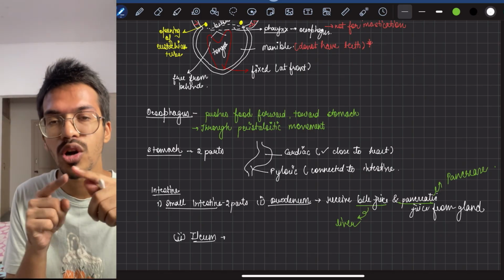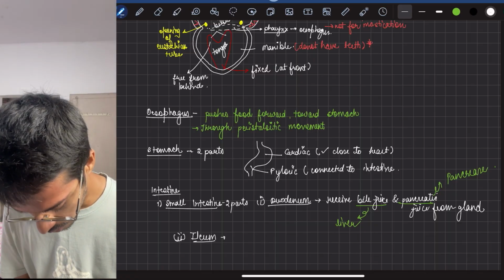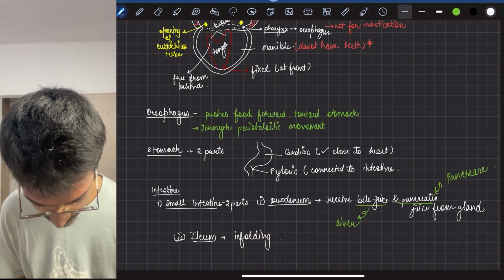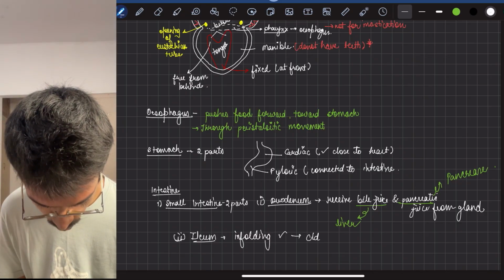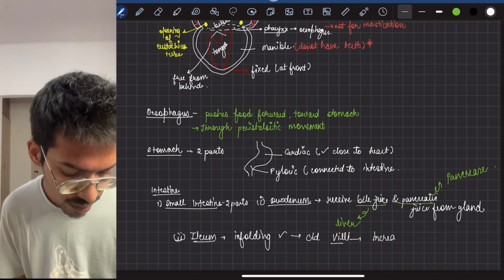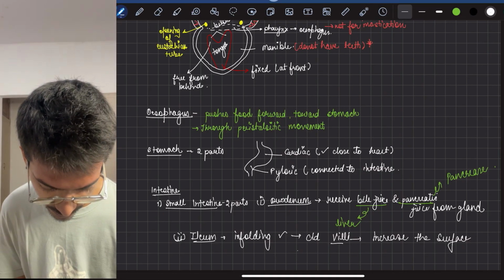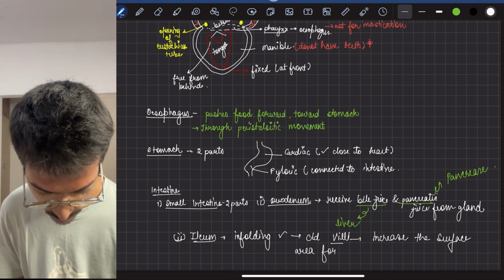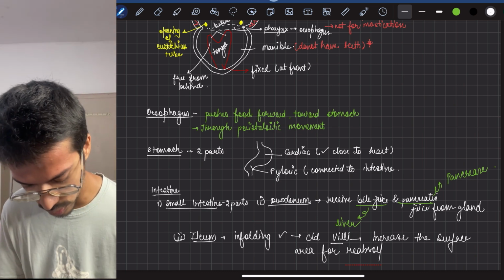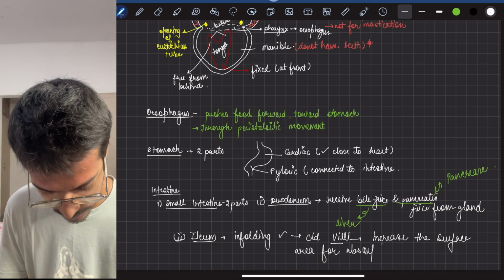Here it has a lot of infoldings, called villi, which increase the surface area for absorption of food.